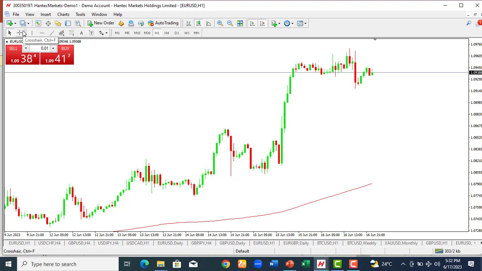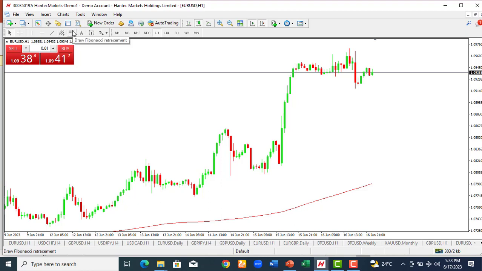Here you see the crosshair, the vertical line, the horizontal line, the trend line, the equidistant channel, the Fibonacci retracement, and so many things around here. But the one that is needed for your Fibonacci is this one.